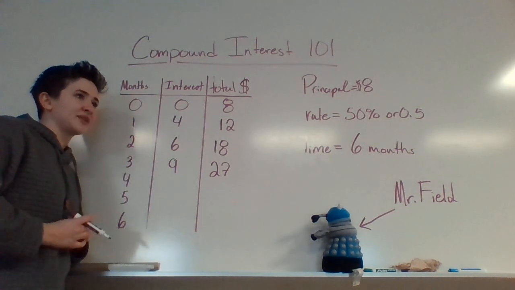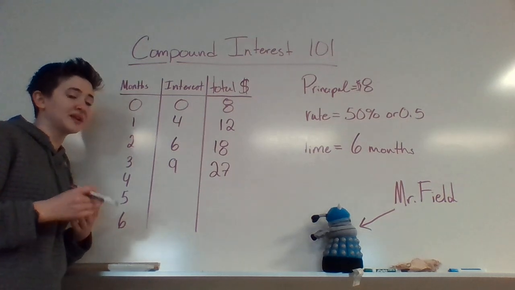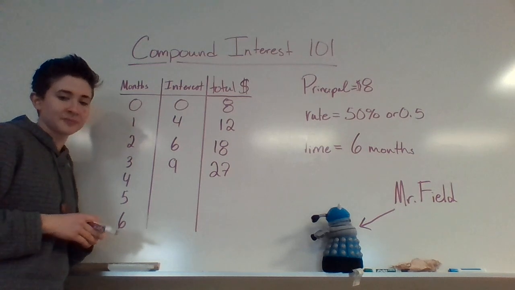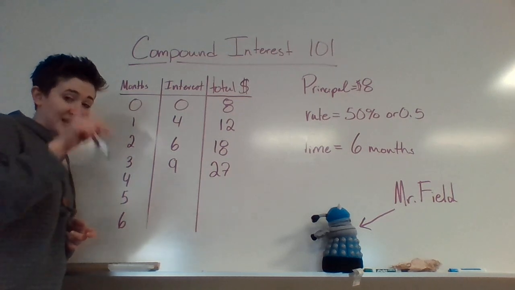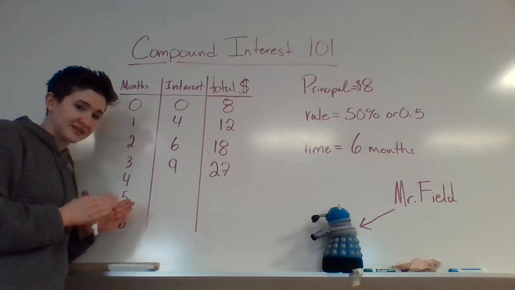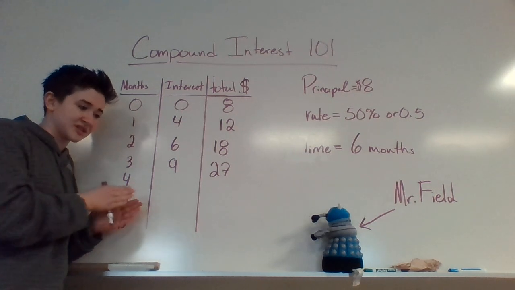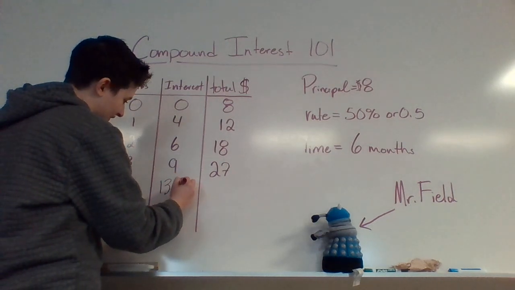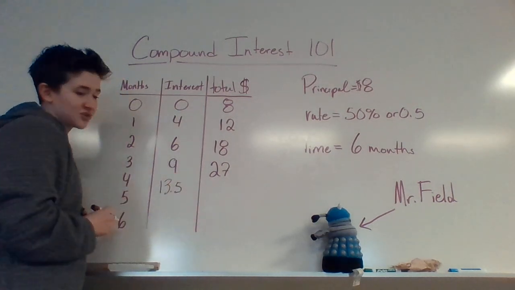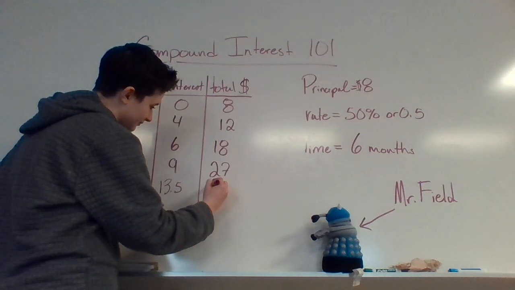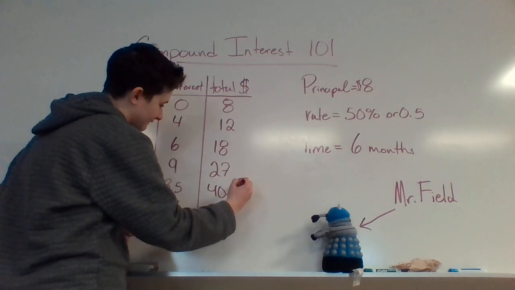If we look at what we can half easily, the half of 26 is 13. Now, 14 is 28, which means that 27 lies right in between 26 and 28. So it's going to be 13.5. So month 4, we're going to add $13.5. We're going to add that to the 27 we already have, and that turns into 40.5.